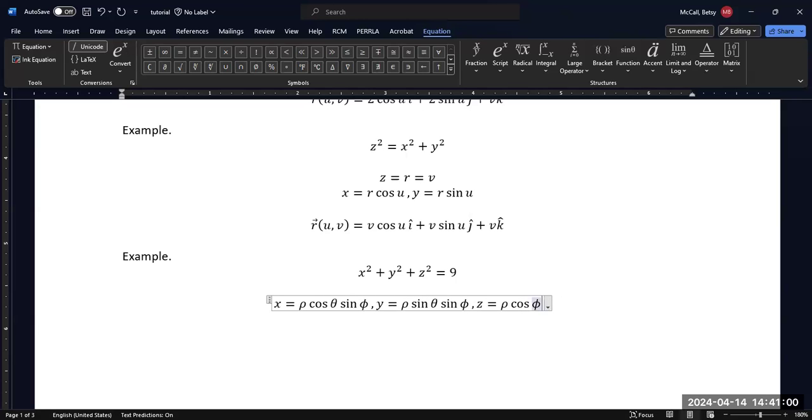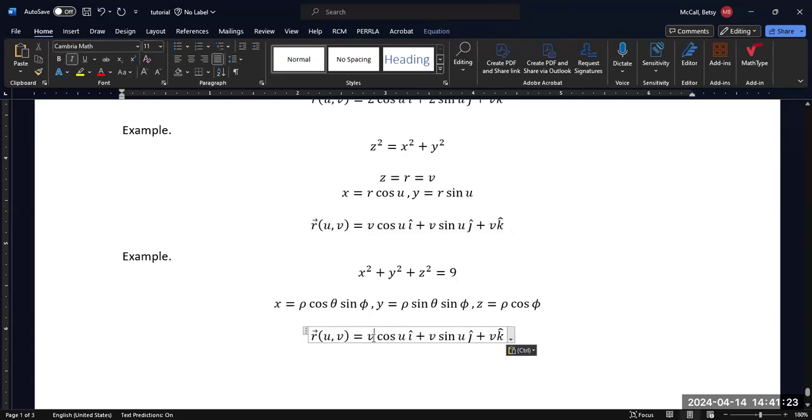cosine phi. Now, rho, because this is a sphere, is a constant, and so we can just let that be equal to our constant 3. And then theta and phi can be our u and v. So what are we going to end up with?